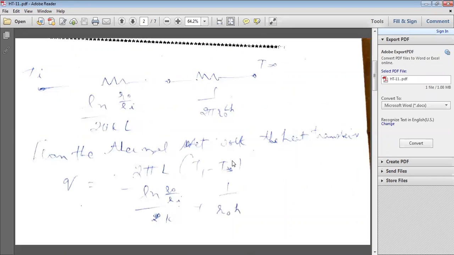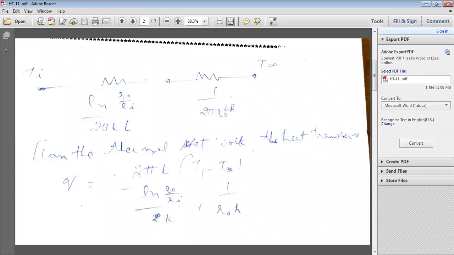That's why the convective resistance is 1 by HA. A is the outside surface area for a pipe length of L. H is the convective heat transfer coefficient of the outside environment.